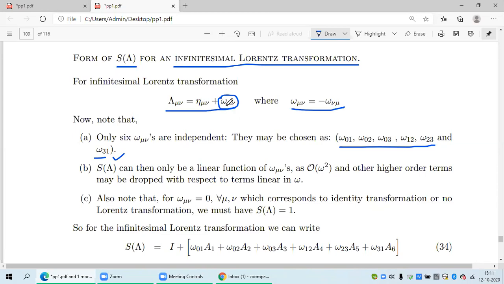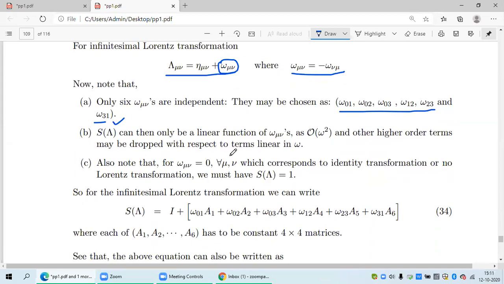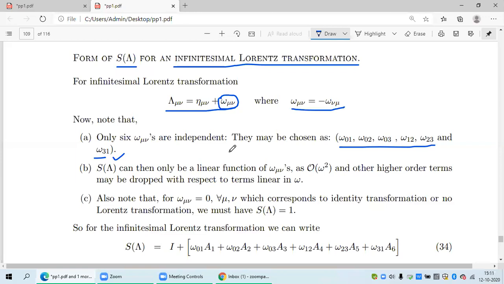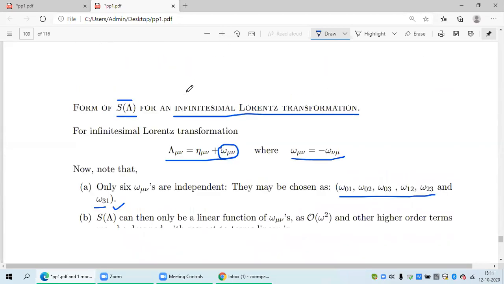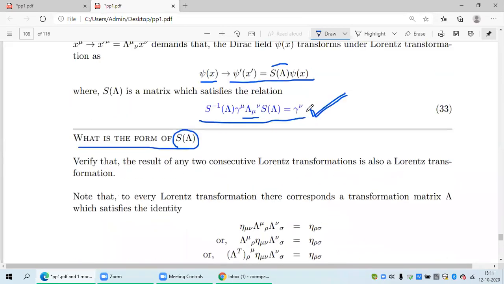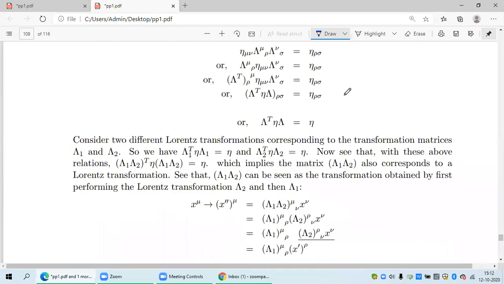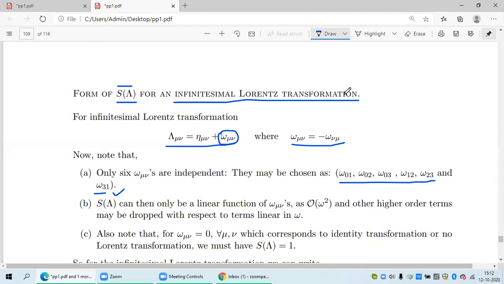Okay, so there are 6 parameters which describe this infinitesimal Lorentz transformation, and now we want to know what will be the form of S of lambda, where S satisfies this relation. So this was the setup.